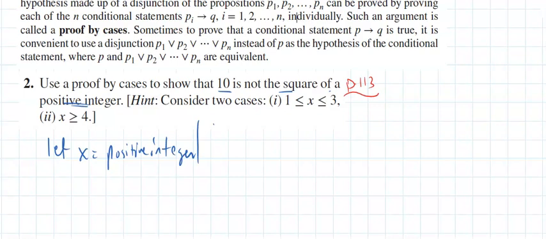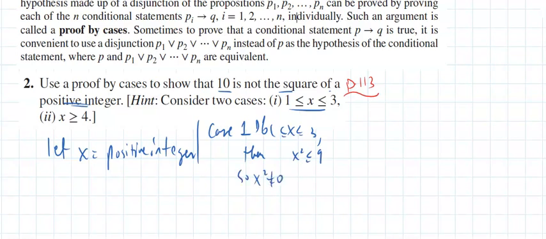Case 1: let x be between 1 and 3. Then x squared is less than or equal to 9. So x squared cannot equal 10, since it's less than that.